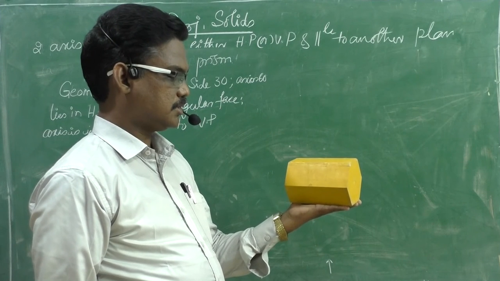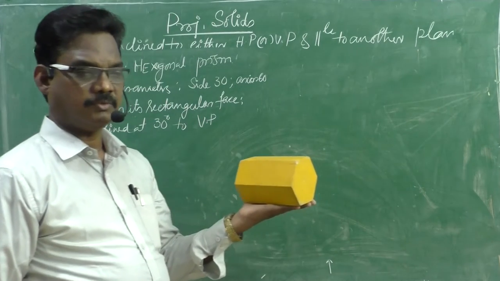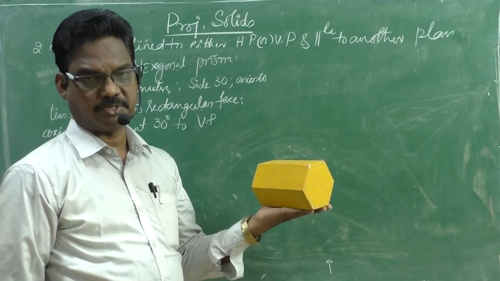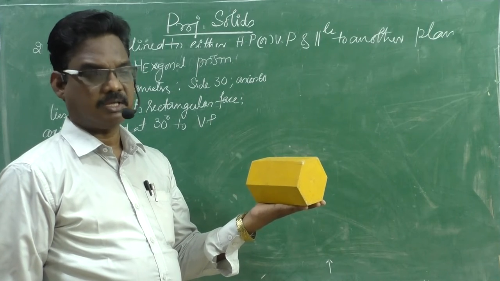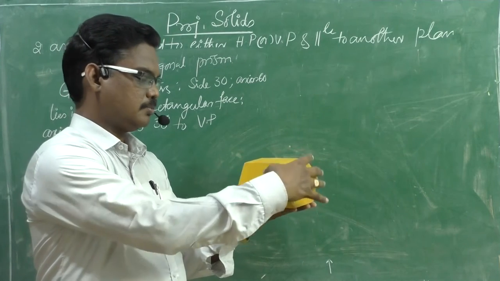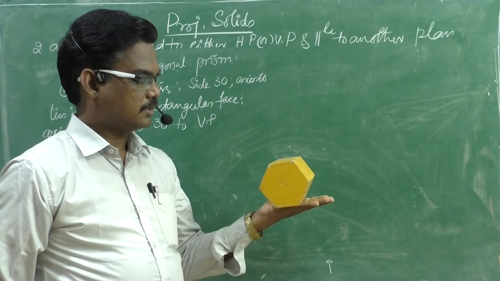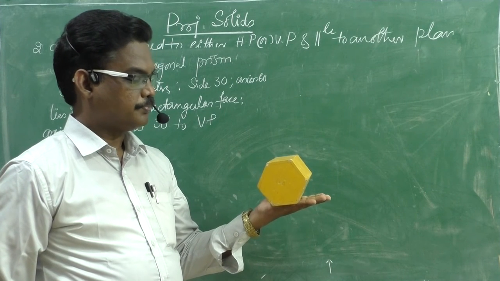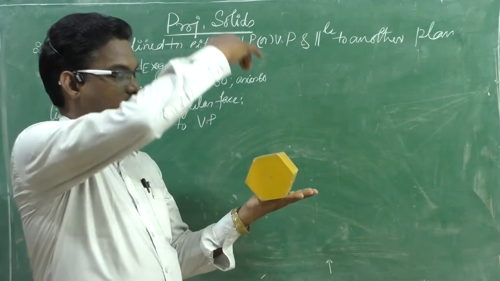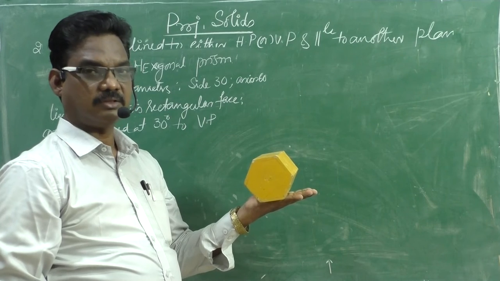In this position, we cannot see the true dimensions either in the front view or in the top view. Then we need to consider the axis inclined to the VP, so first put the axis perpendicular to the VP. If it is perpendicular to the VP, we can see the true shape of the end face and we can see the true axis length in the top view.